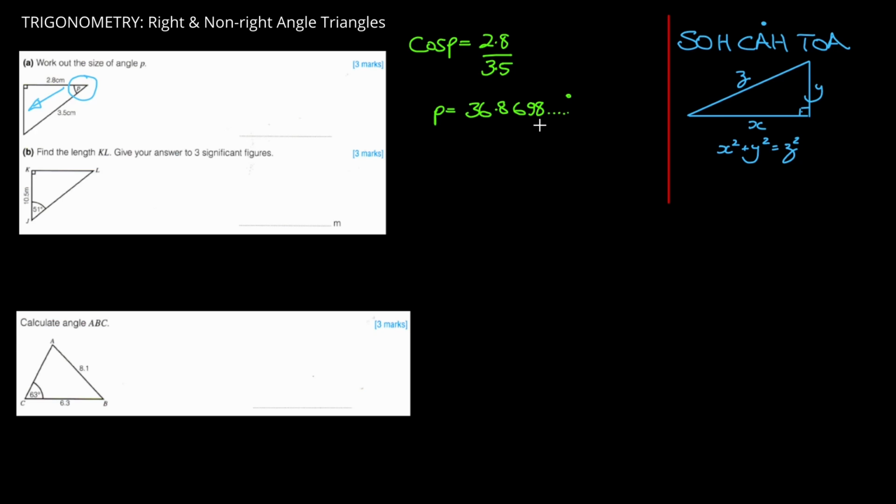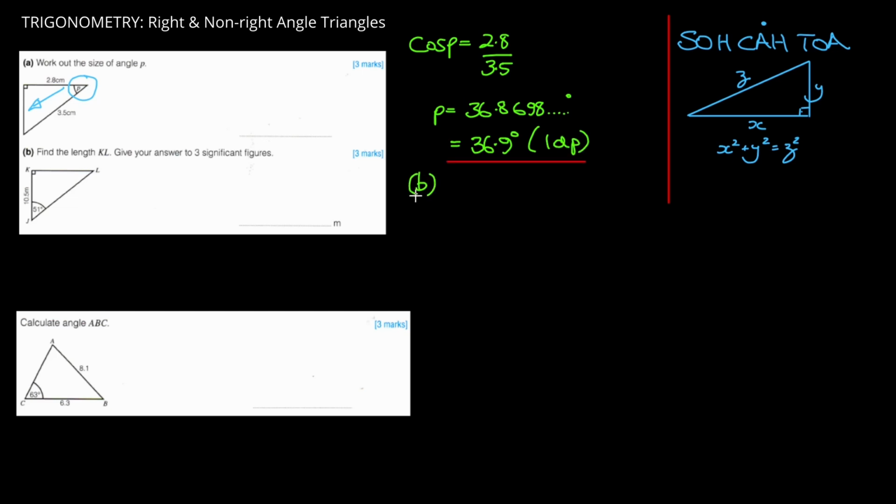It would be stupid to quote that number of figures given that we're only up to 1 decimal place on our input. So I would suggest the answer truncated to 1 decimal place would be 36.9 degrees, and that's to 1 dp. And that is your answer.